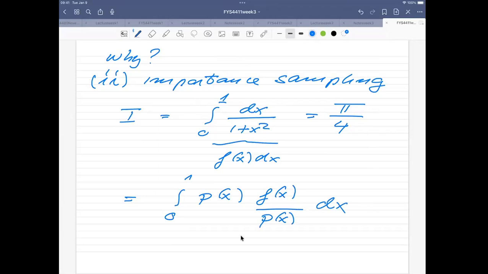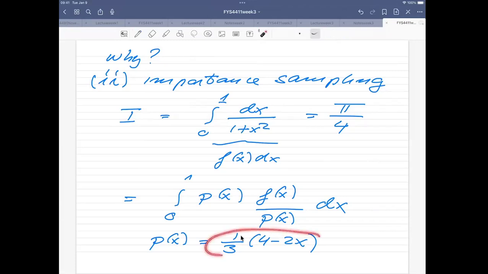This mimics a little bit of what we've been doing with the local energy. The probability we want to use now is a function p of x, which is this new probability, 1/3 times (4 minus 2x). This is interesting because if I look at the ratio between this function and the probability at the endpoints, these ratios are going to be given by a constant.